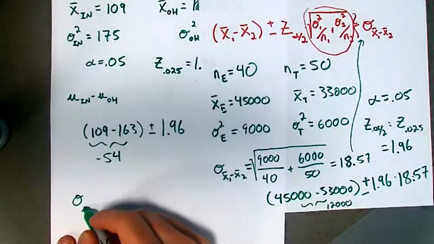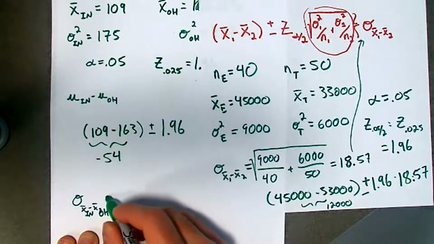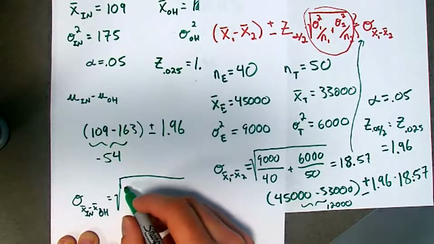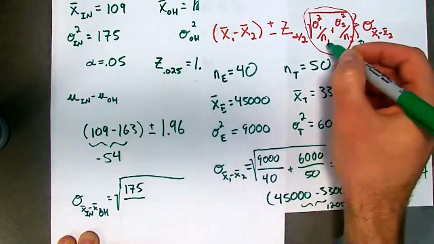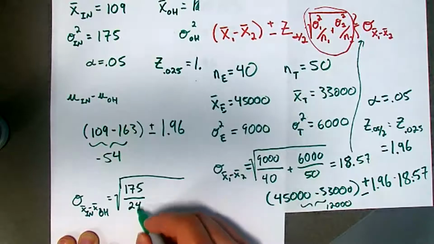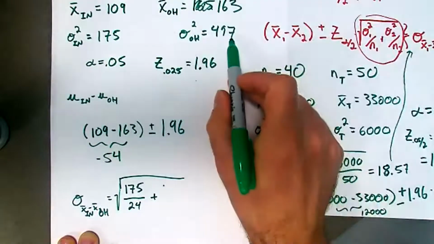So the intermediate value here would be, and actually instead of 1 and 2, Indiana and Ohio, the square root of the population variance for Indiana, so 175, divided by the sample size for my first group, which was Indiana, so divided by 24. And then add in the second group's population variance, 497.